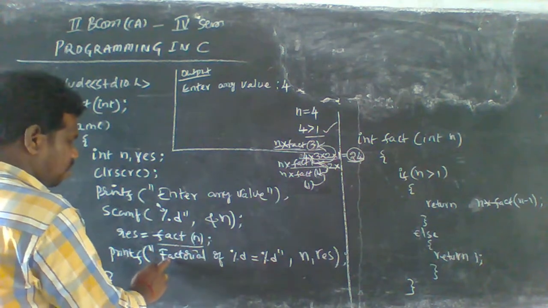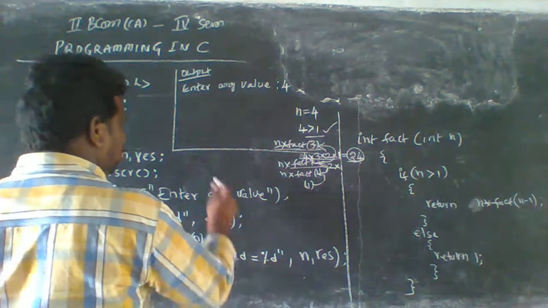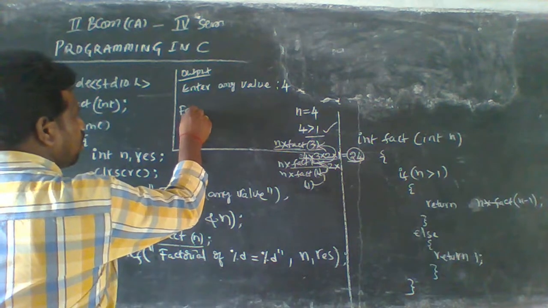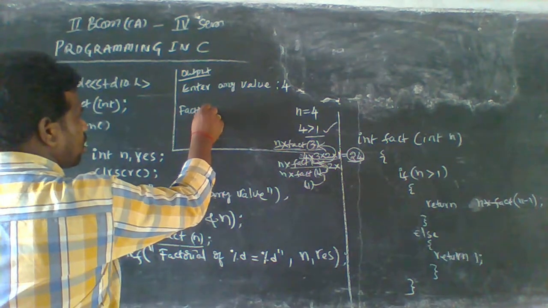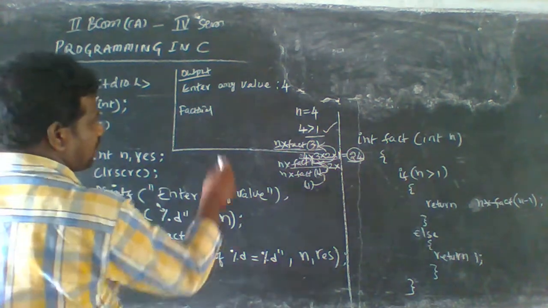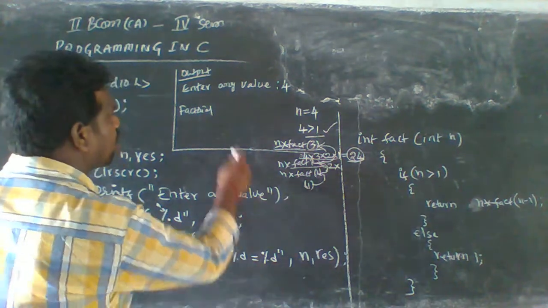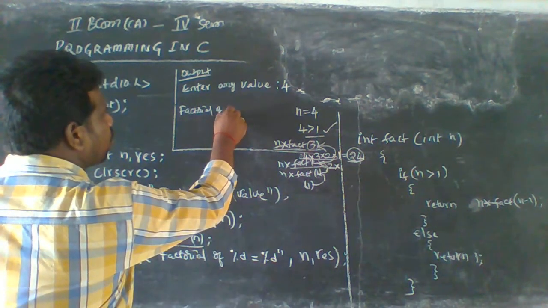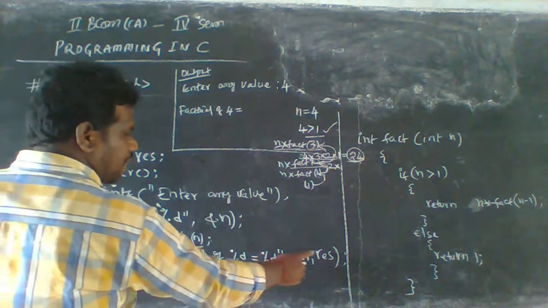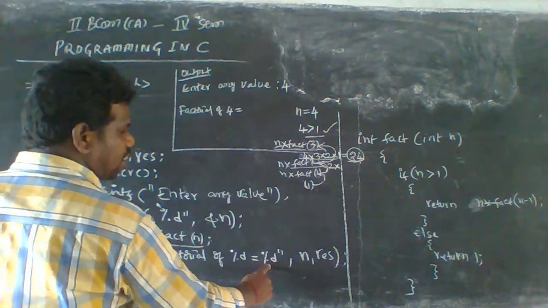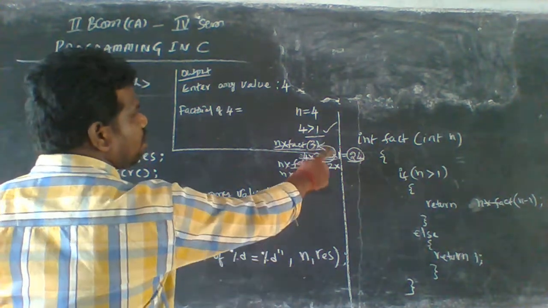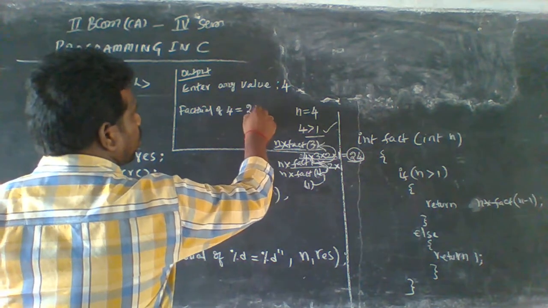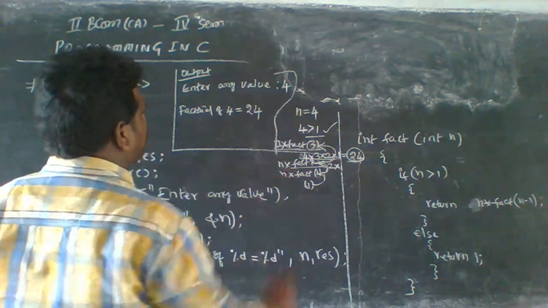Hence the answer: factorial of %d, this is the n value, 4, equal to the result will be placed here. That means the result contains 24. That is, 24 is the result of the program here.